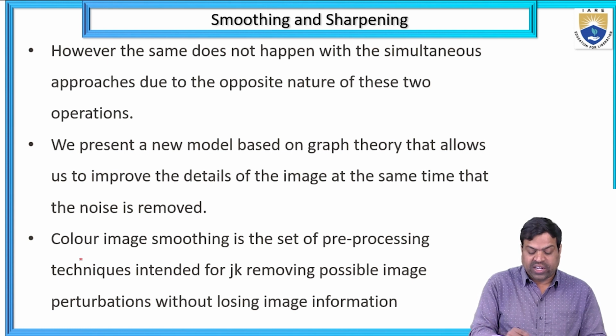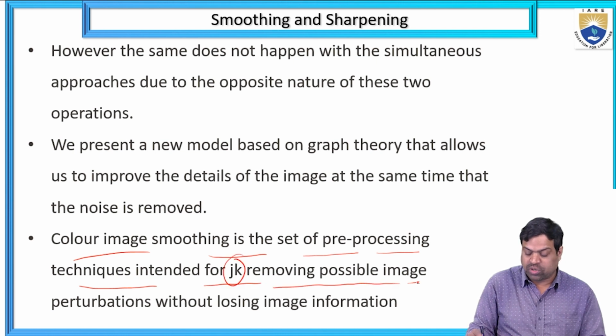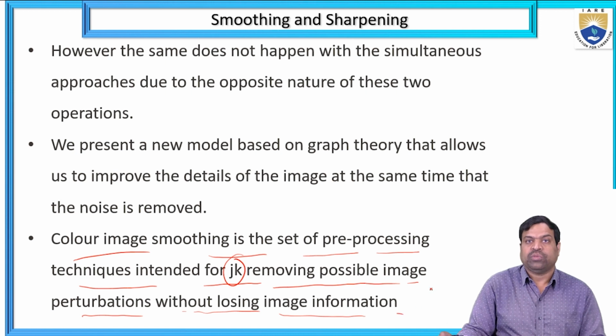So, color image smoothing is a set of pre-processing techniques intended for removing possible image perturbation without losing any image information.